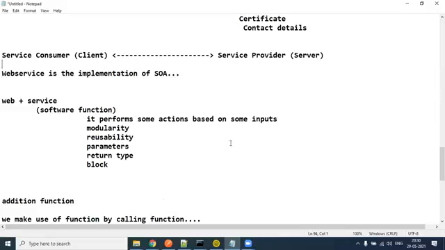So if you are a service provider, will you be developing a function or will you be consuming somebody's function? Develop. You will develop the function, right? And if you are a service consumer, you will use it, you will consume it.